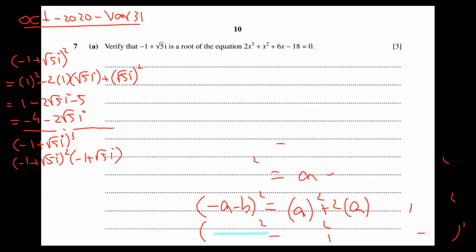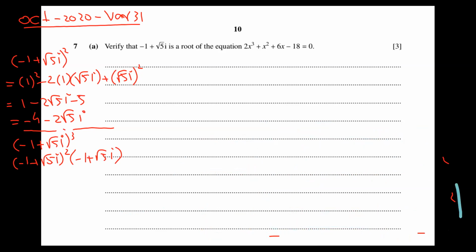Now just manually multiply everything, and then inshallah I can get it very easily. Okay, have a look. This answer I will get from the top: (-4 negative 2 root 5 iota) times (-1 plus root 5 iota). This into this I get 4. This into this I get -4 root 5 iota. This times this, minus minus plus, 2 root 5 iota.